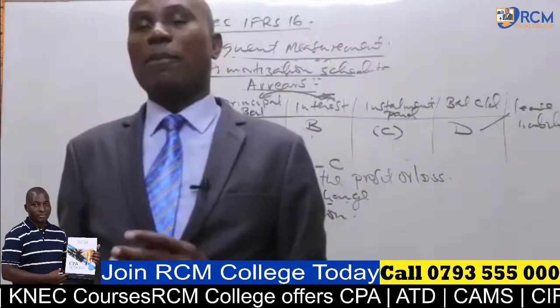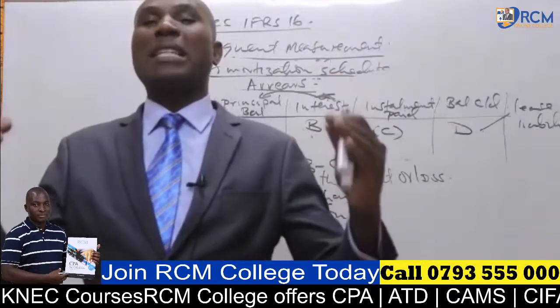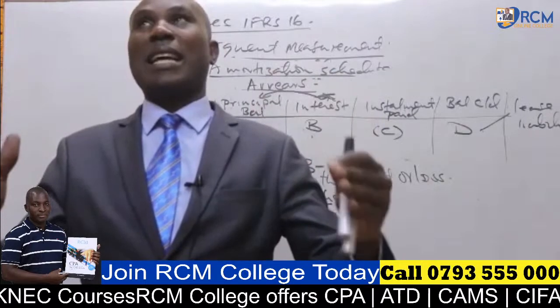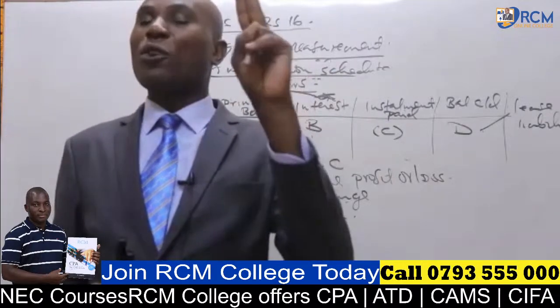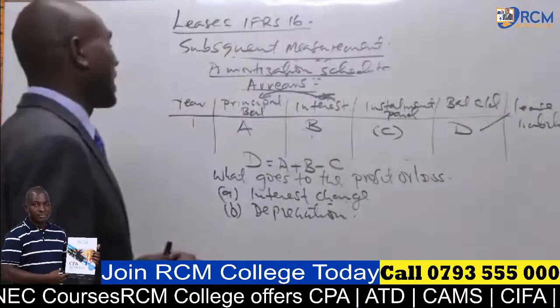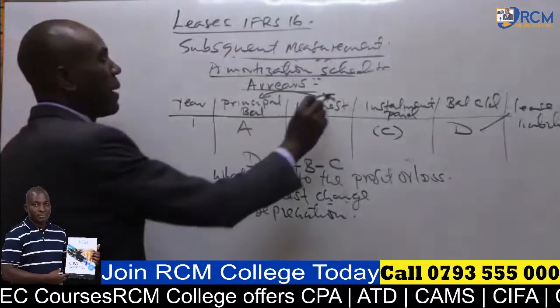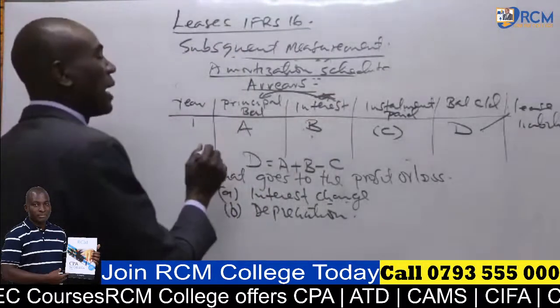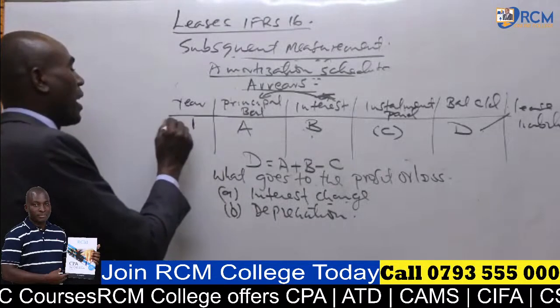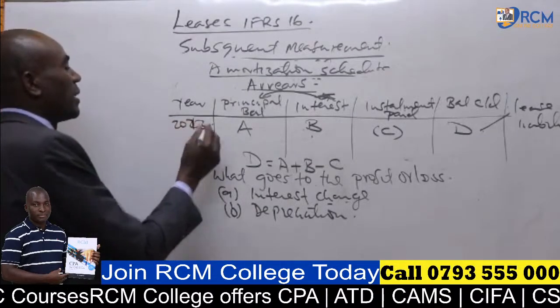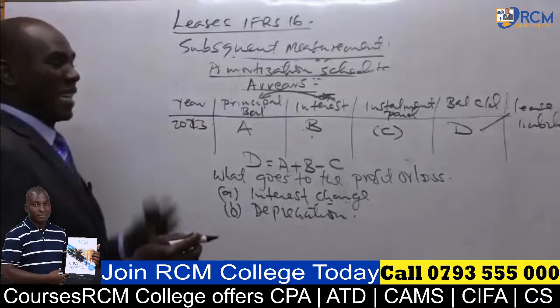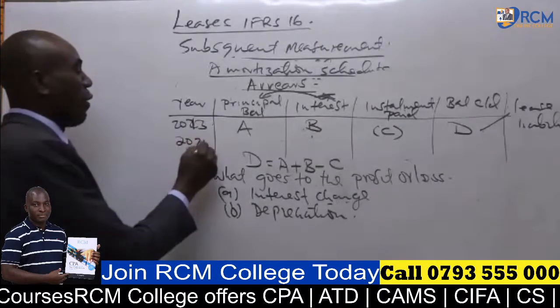That is only one year. But if payments are made in arrears, you are going to prepare for two years. Like in this case, the examiner wanted year one, 2023, but I will have to add an extra year, 2024.